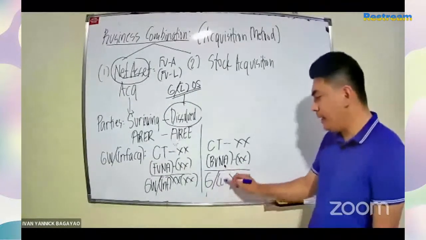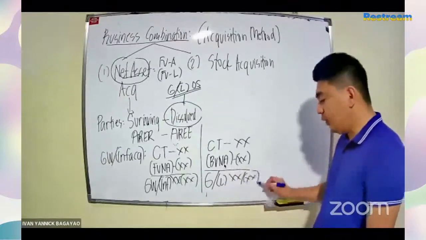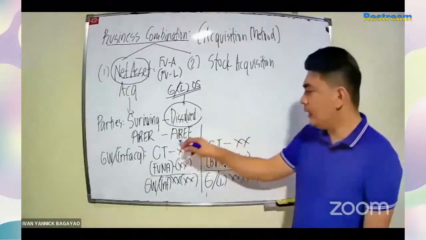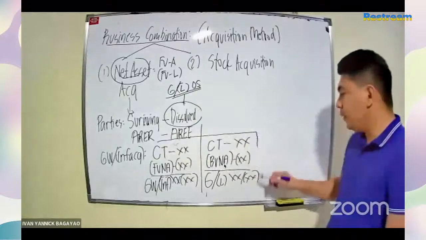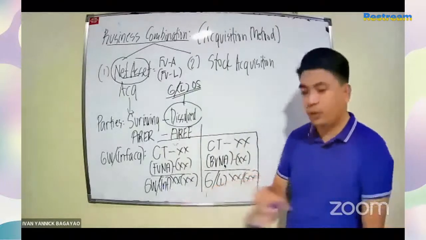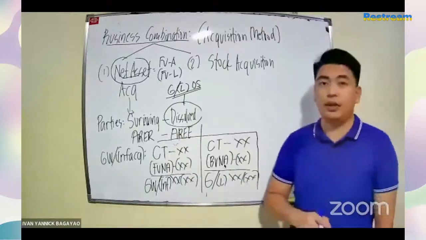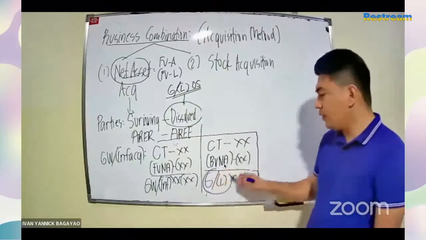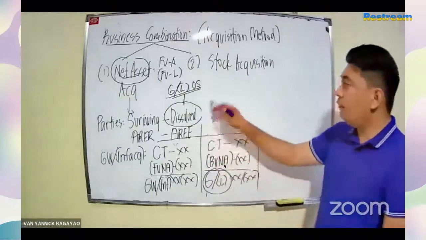If lower, then you will have a loss. That is how to compute, class, without preparing the journal entry: how to compute goodwill, and how to compute gain or loss.